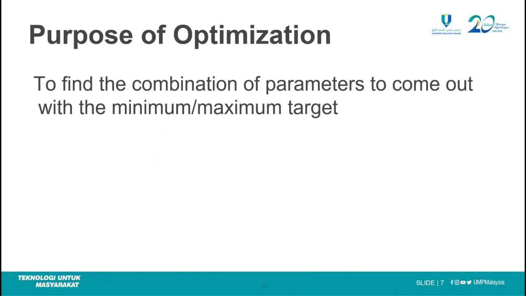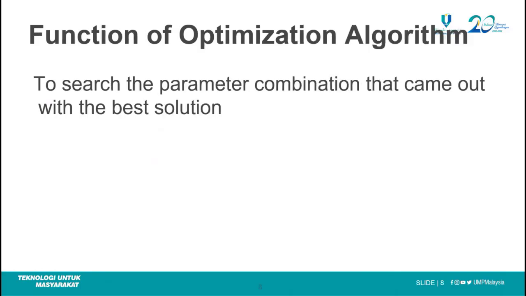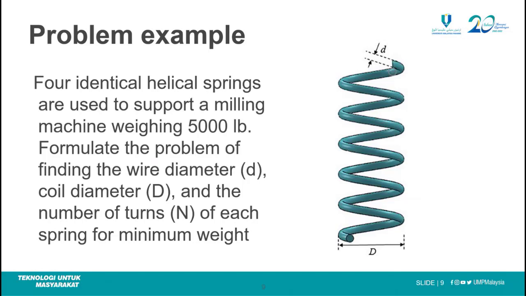So the purpose is to find the combination of the parameters, and the one going to find the best combination is the optimization algorithm. This algorithm will try to find the best combination of the decision parameters that comes out with the best solution.